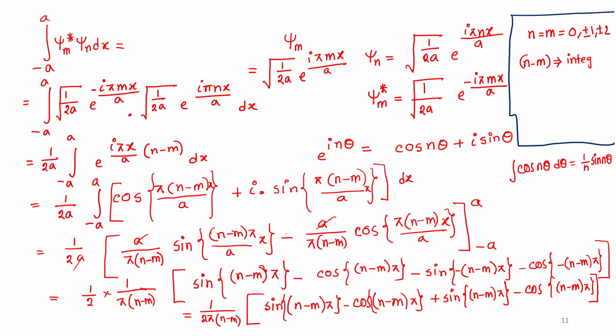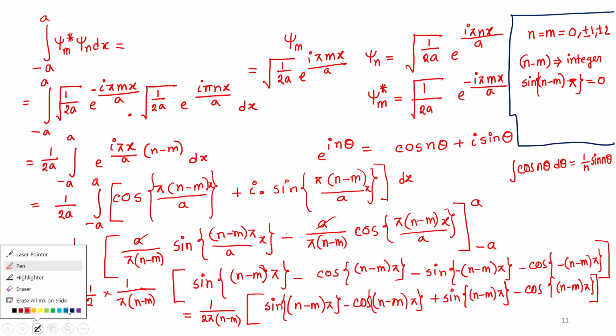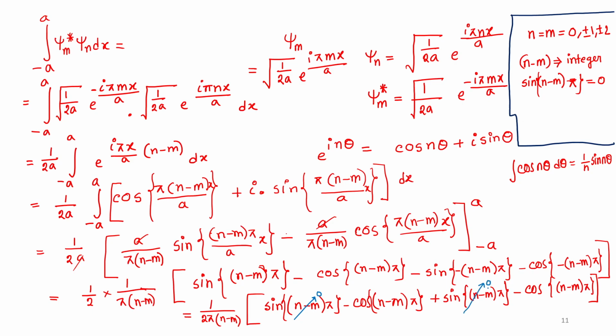It could be negative or positive, but it will be an integer. It will not be a half integer, right? So sine of (n minus m) pi is like sine pi, sine 2 pi, sine 3 pi. This is always going to be 0. So this is 0, and this is going to be 0.